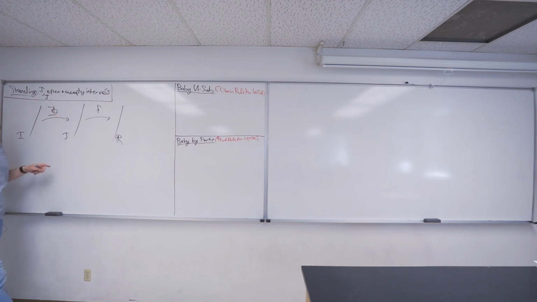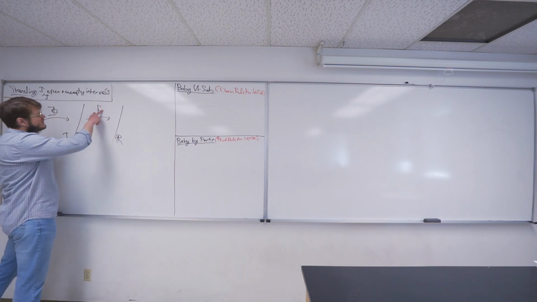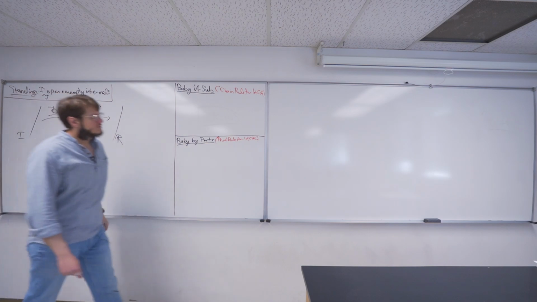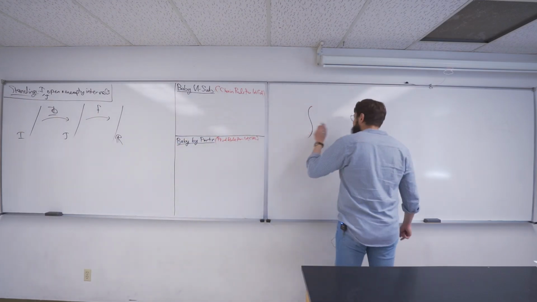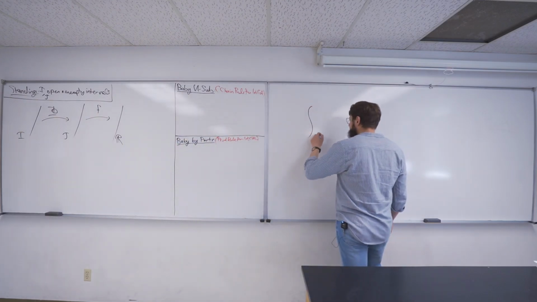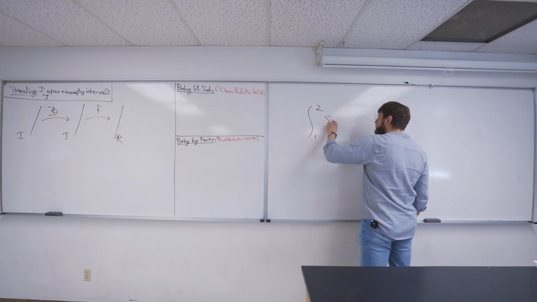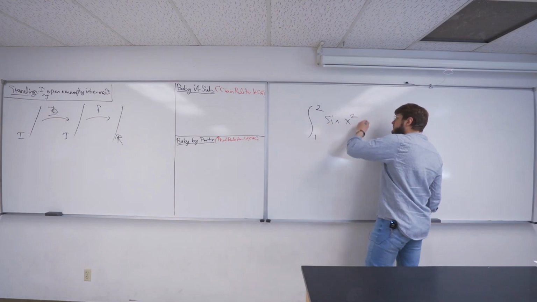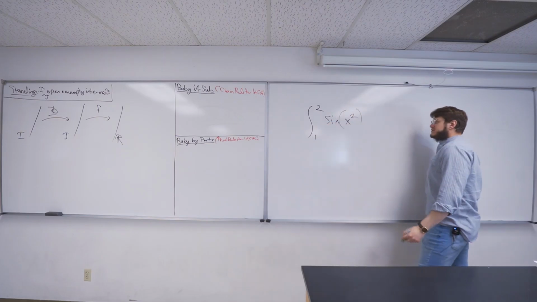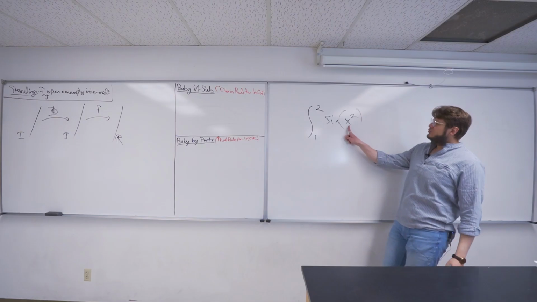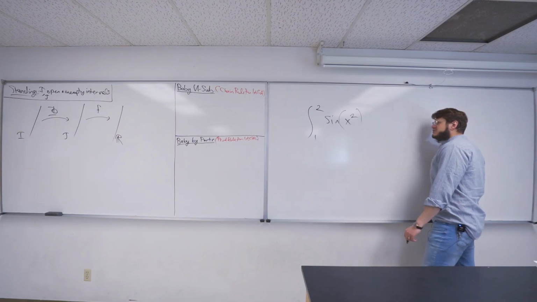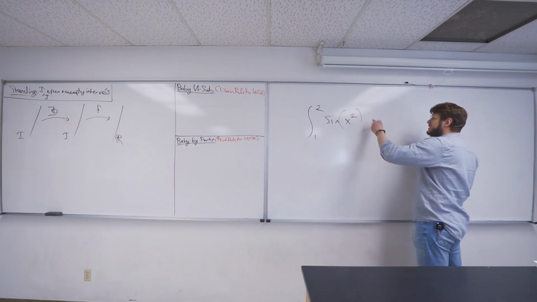So what I'm trying to say here is that, say I'm trying to integrate f. Say perhaps this is the situation: the integral from 1 to 2 of sine of x squared, and then I want to say u equals x squared, for instance, which means u prime should be somewhere here.